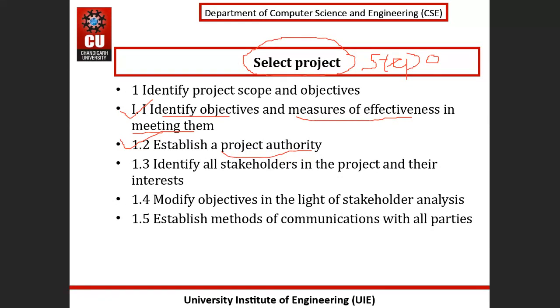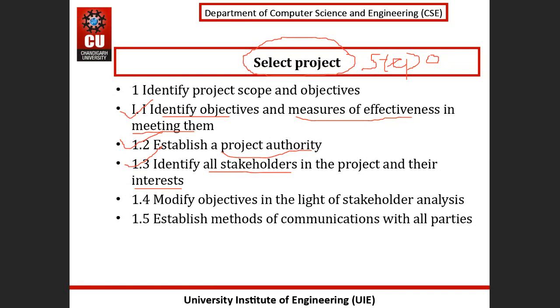So after that, identify all the stakeholders in the project and their interests. We'll identify all stakeholders, those who will use the project, and their interests. What are their interests? We know stakeholders can be from within the team, within the organization and outside the organization. So their interest depends on the requirements of the organization, of the team.